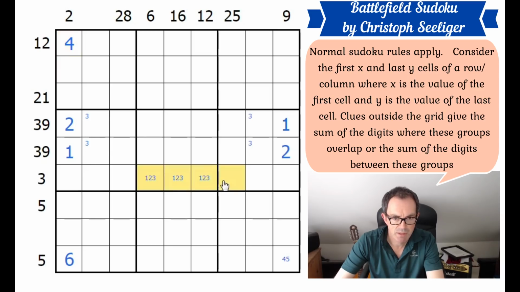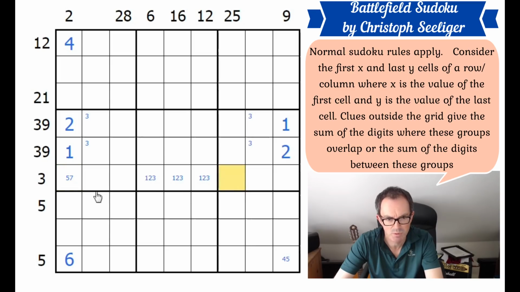Just wondering actually about this row now. Because if the 3 is... well, this is not 3. So this either has to be 5 or a number bigger than 6, like a 7. But a 7 is impossible because we need the total to be 3.